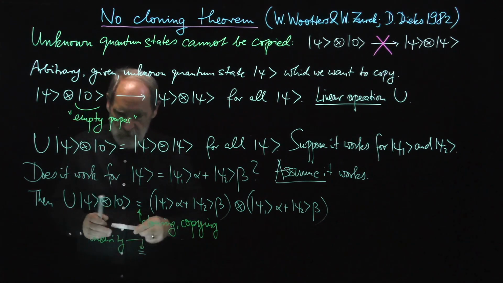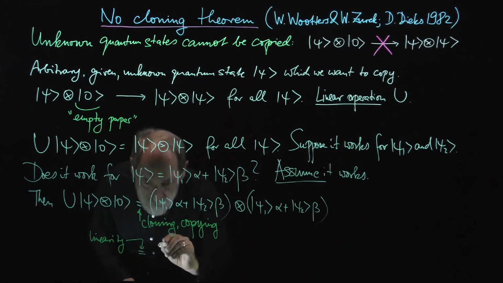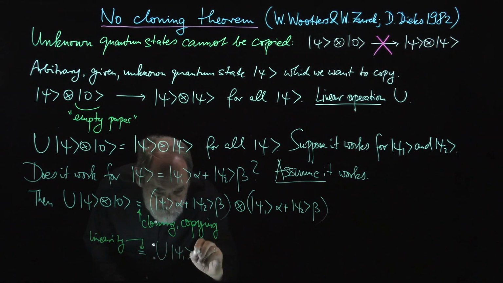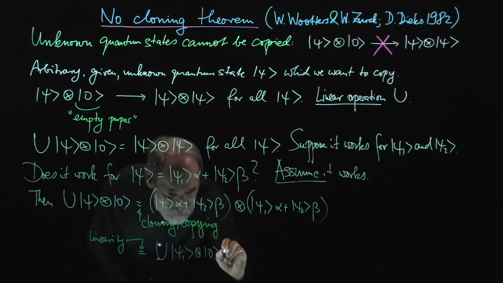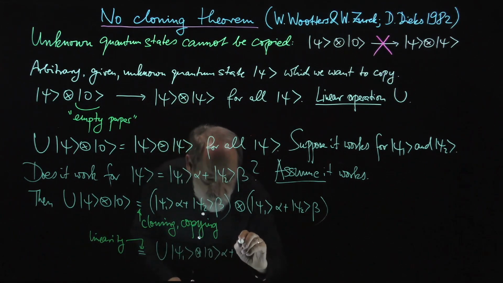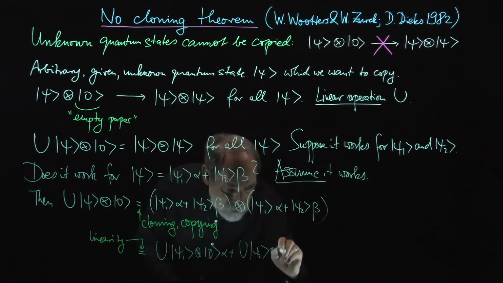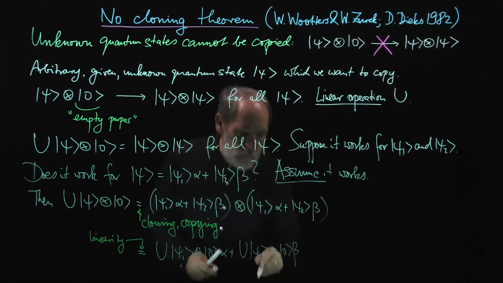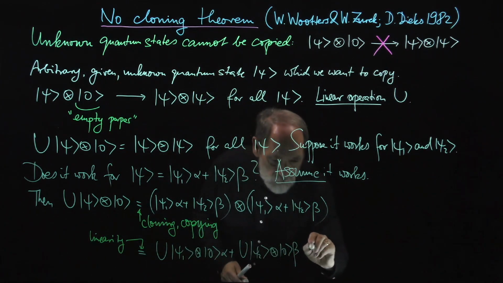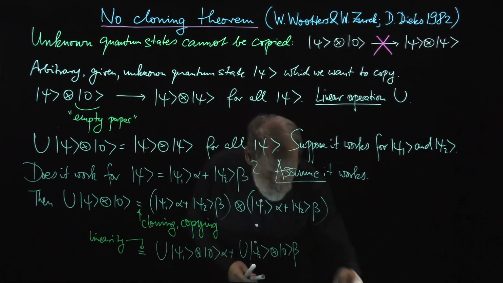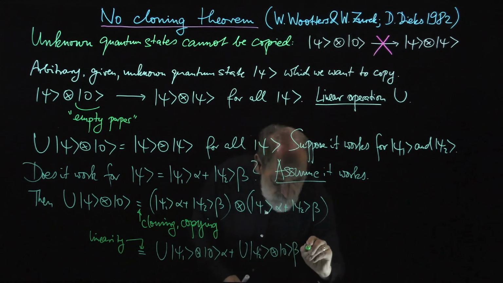Now I'm making use of the linearity. And the linearity says that this has to be the same as U applied to psi 1 tensor 0 times alpha plus U applied to psi 2 tensor 0 times beta. And now we apply the cloning here.